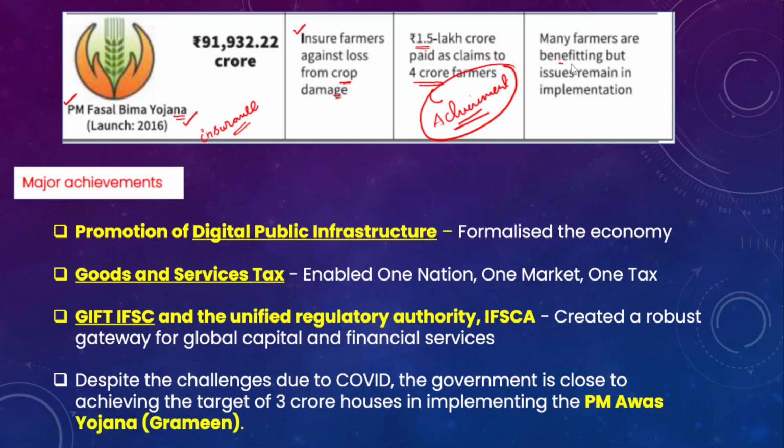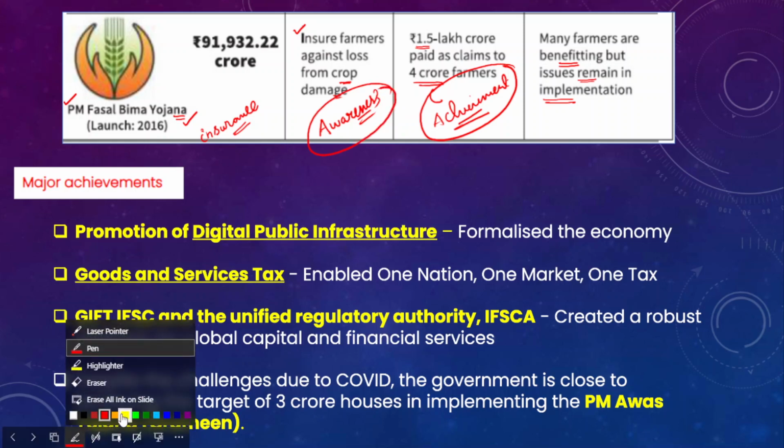Now many farmers have been getting benefited by this, but issues remain in implementation. Now the selection of the eligible beneficiaries is with the state government, and along with that, farmers lack the necessary or desired levels of awareness with respect to the PM Fasal Bima Yojana, and that is a major impediment in the implementation of this particular program.